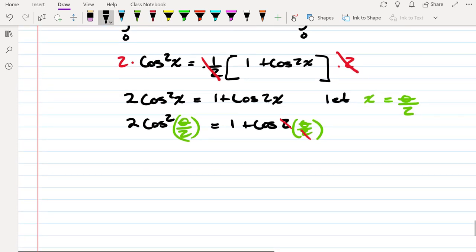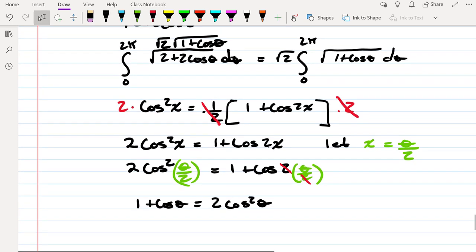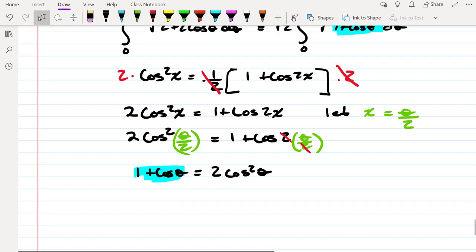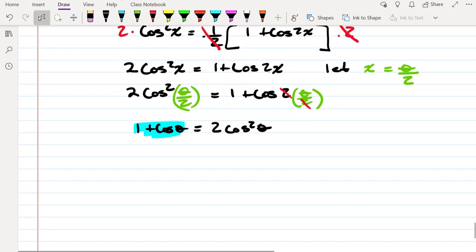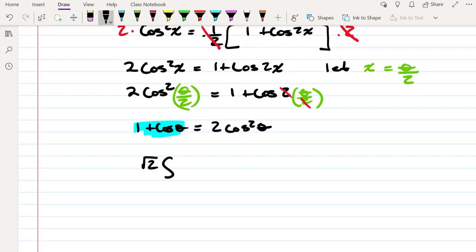So finally, after all of that, we get 1 plus the cosine of theta is the same as 2 cosine squared theta. Well, that is exactly this. So we replace it with what it's equal to. And we have square root of 2 times the integral from 0 to 2 pi of the square root of 2 times cosine squared theta d theta.